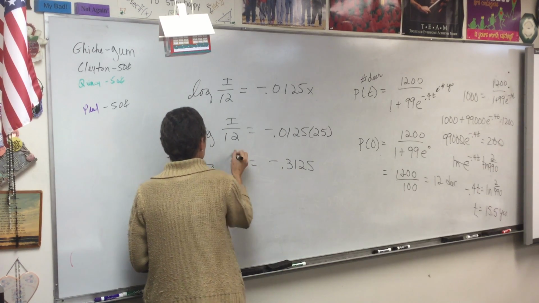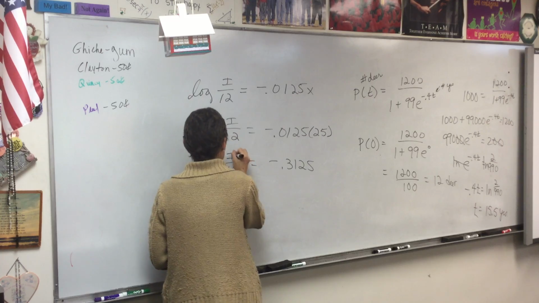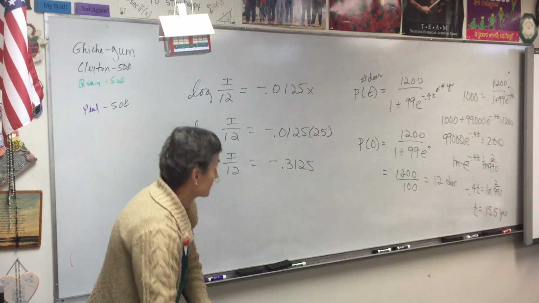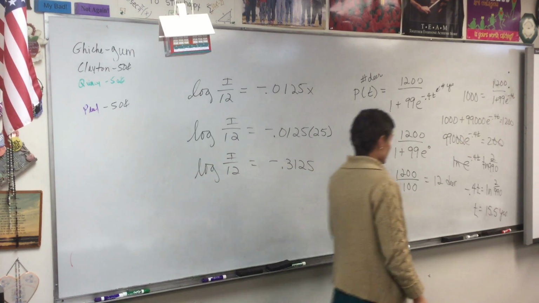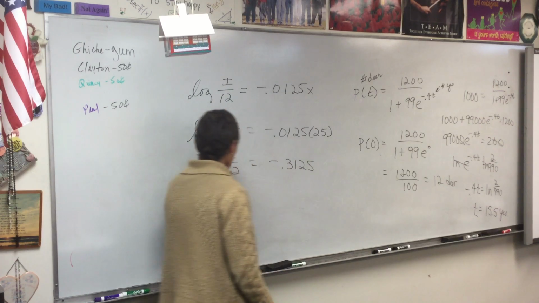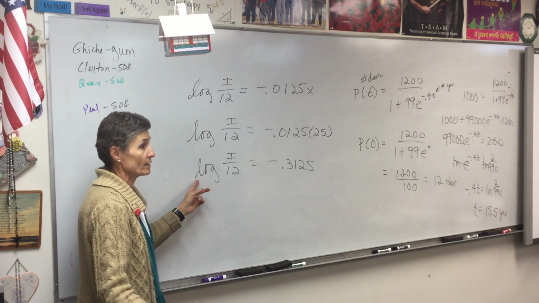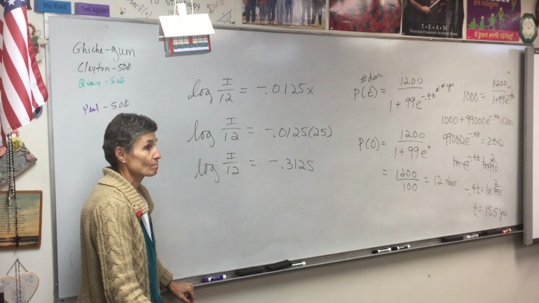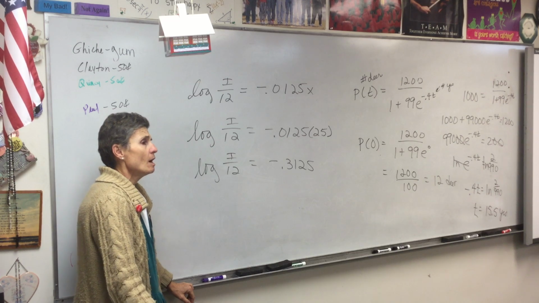Okay, now I have kind of a different issue than I had before. I got to get rid of this logarithm. Over here, I actually put them in order to solve for that exponent. But now I got to figure out what that guy is, so I got to get rid of this logarithm. How do I do that? Can't you separate them to log I minus log 12?